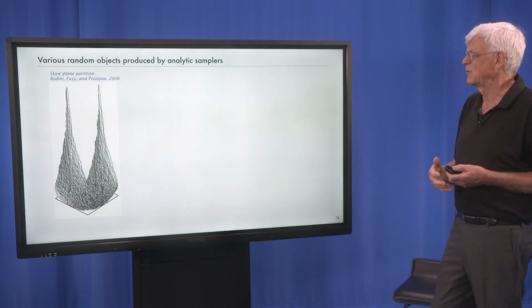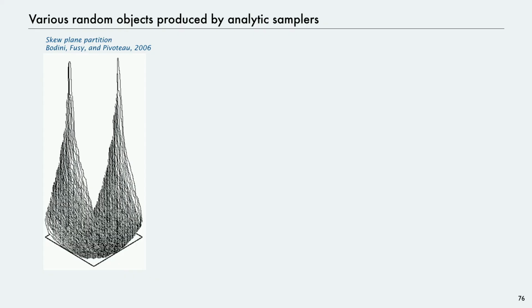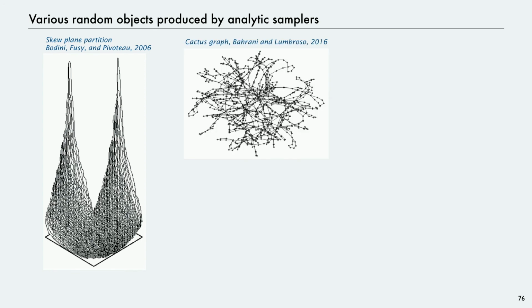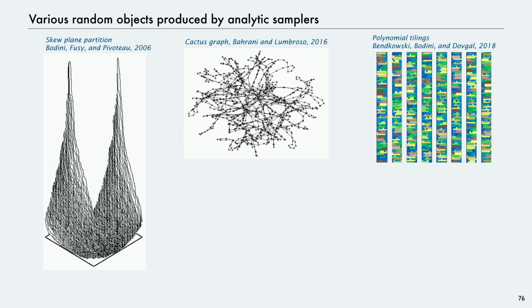And here's some examples. So this is called a skew plane partition. That's about size of about 1 million. This is a cactus graph, which is a particular kind of graph that arises in plenty of applications. These are so-called polynomial tilings and scientific problems that these things relate to.